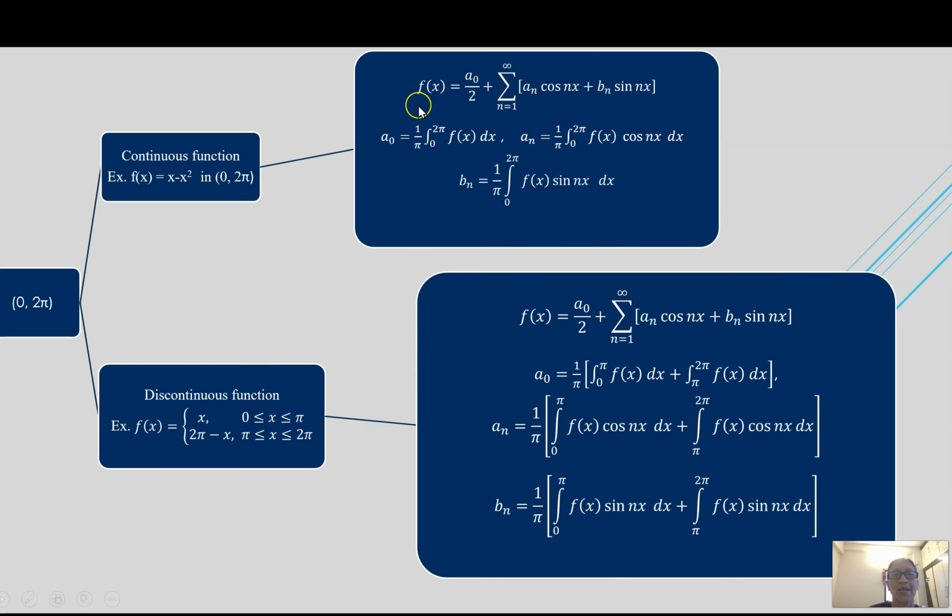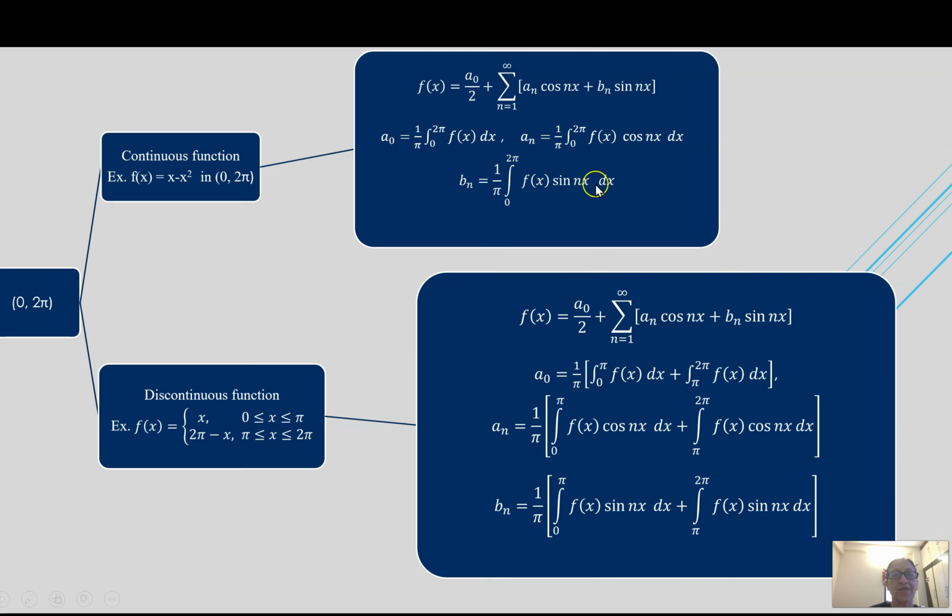We obtain a0, an, bn from the Fourier series by Euler's formulae. So a0 equal to 1 by pi integral 0 to 2 pi f(x) dx, an equal to 1 by pi integral 0 to 2 pi f(x) cos nx dx, bn equal to 1 by pi integral 0 to 2 pi f(x) sin nx dx.